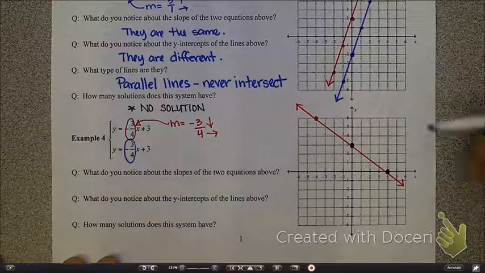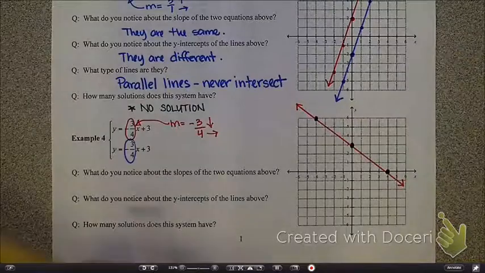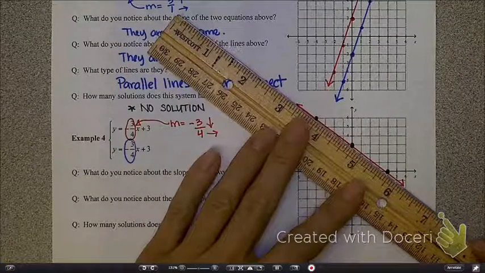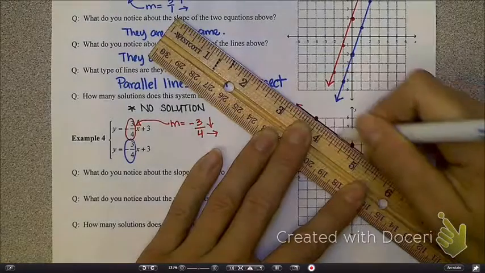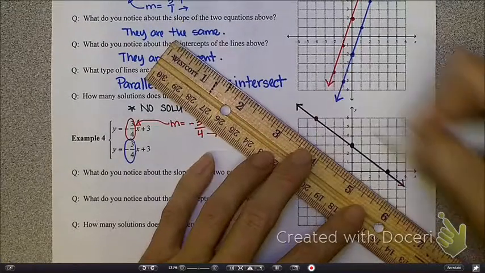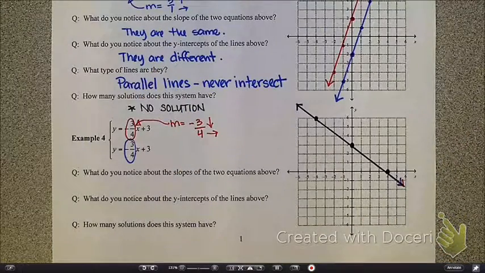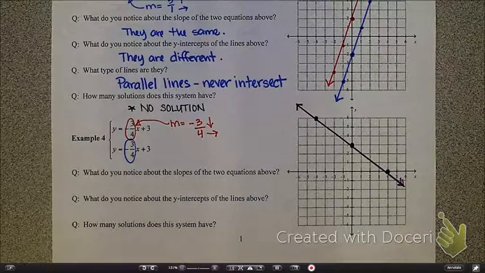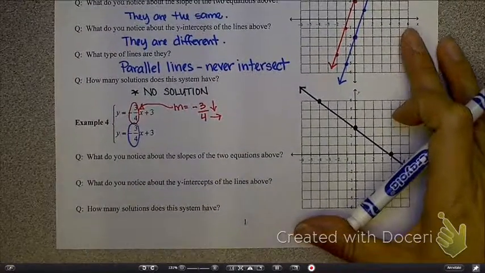Now what's happening here? Since I have the same y-intercept and the same slope, what is happening when I graph my second line? Well, yeah, it's the same line, right? It's right on top of the other line. Okay. So let's go through and answer some of these questions here. Okay, what do we notice about the slopes of the two equations above?